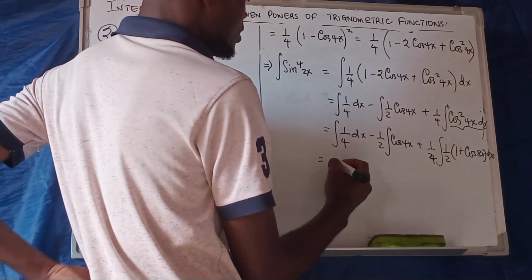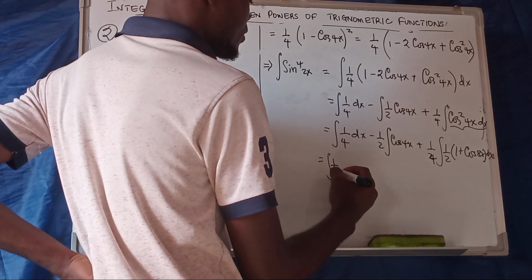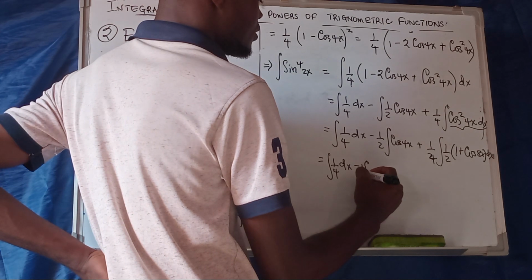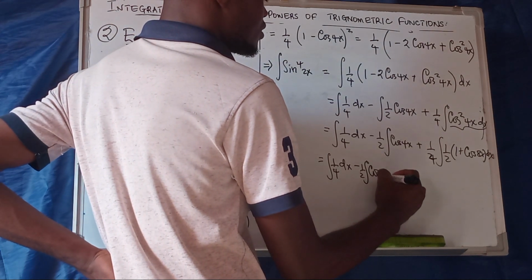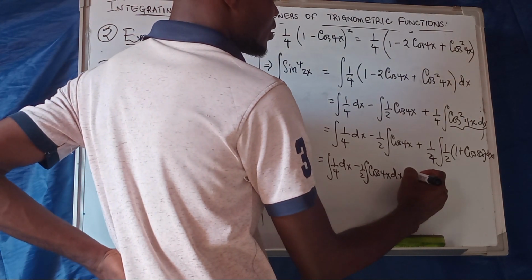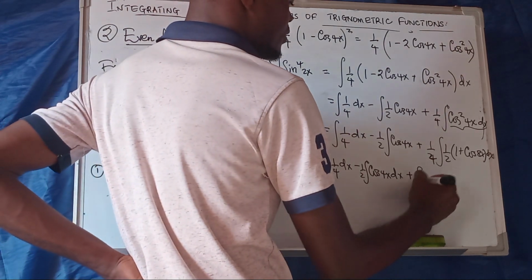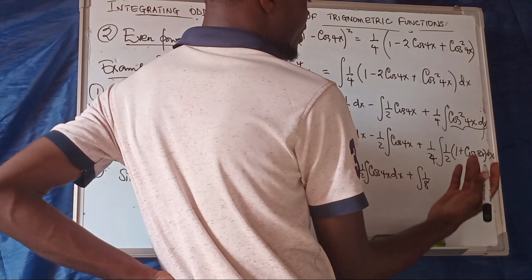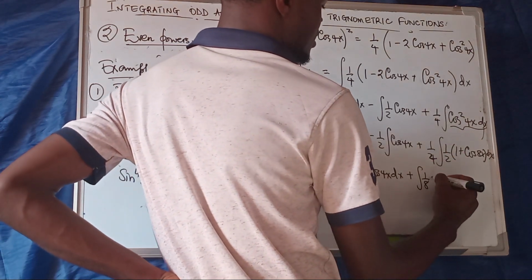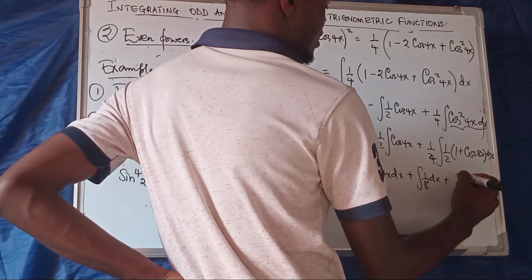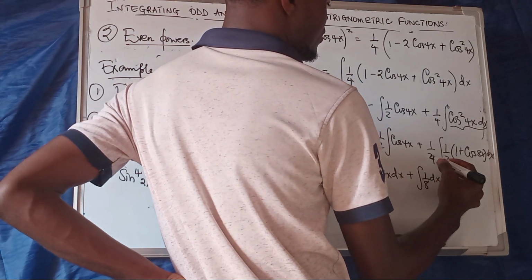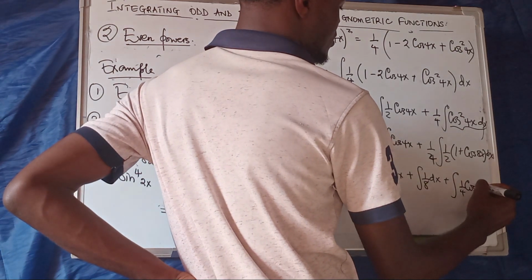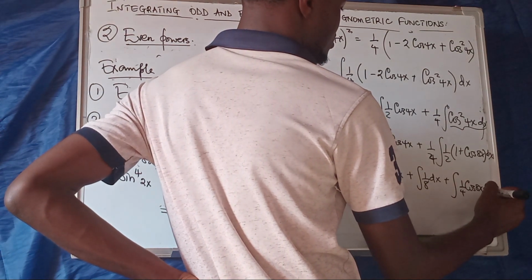So this gives me the integral of a quarter dx minus the integral of a half cos 4x dx plus the integral of 1 over 8 dx, then plus the integral of 1 over 8 cos 8x dx.